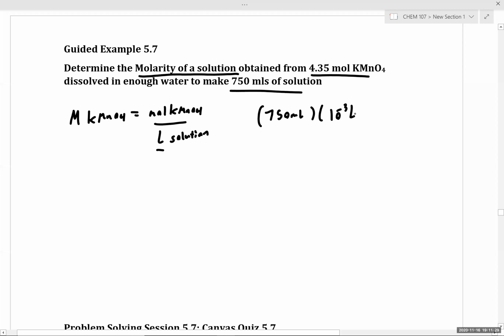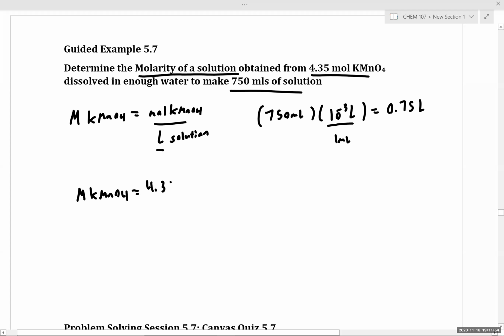And we know there are 10 to the negative third liters in 1 milliliter. So that gives us 0.75 liters of solution.